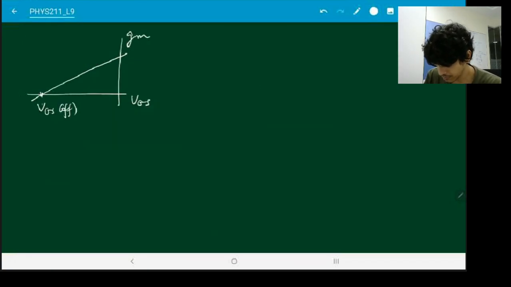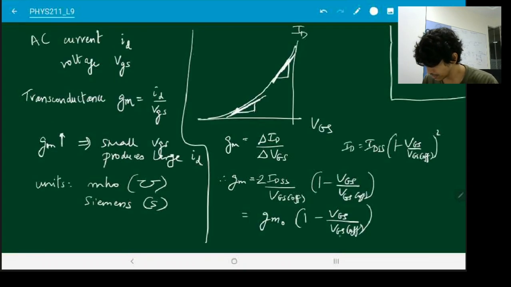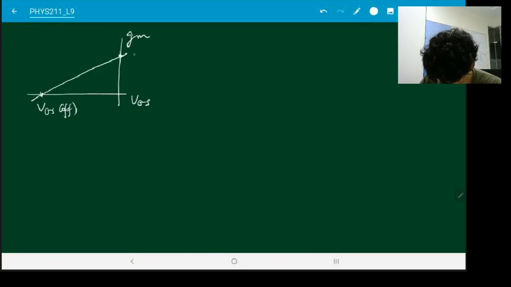So gm 0 means VGS equals VGS cutoff. Whereas this point over here, what is that? That is the point where VGS becomes 0. So VGS becomes 0 means gm is gm naught. So this is what the graph of transconductance looks like as a function of VGS.